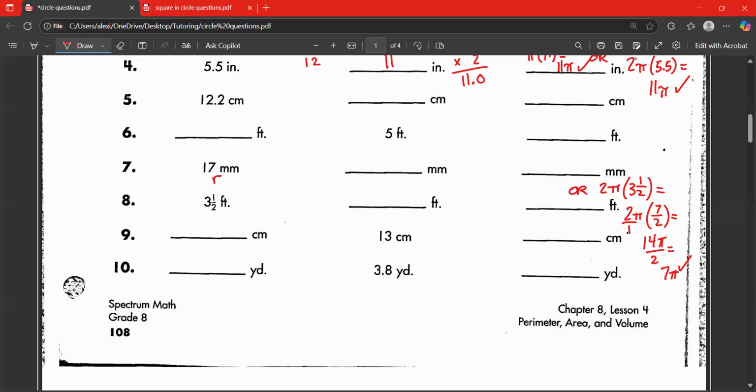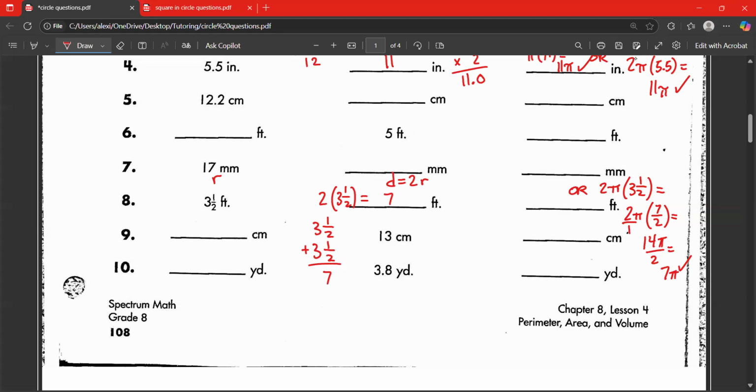Now, let's try to find the diameter. Remember, diameter is 2 times radius. So that's really 2 times 3.5. Now, of course, I can turn it to an improper fraction and multiply, but 2 times 3.5 is really the same as saying 3.5 plus 3.5, which is 7. So the diameter is 7.